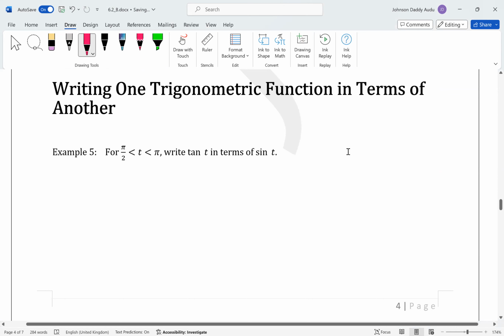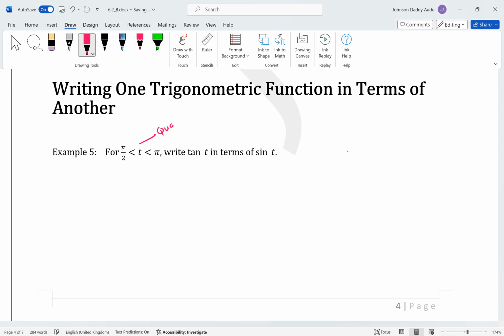This is saying that if t is in, which quadrant is this? This is quadrant 2. In the second quadrant, you want to write tan t in terms of what? Sine t, right? So on the right-hand side, you want everything to be in terms of sine. We can start with what we know.